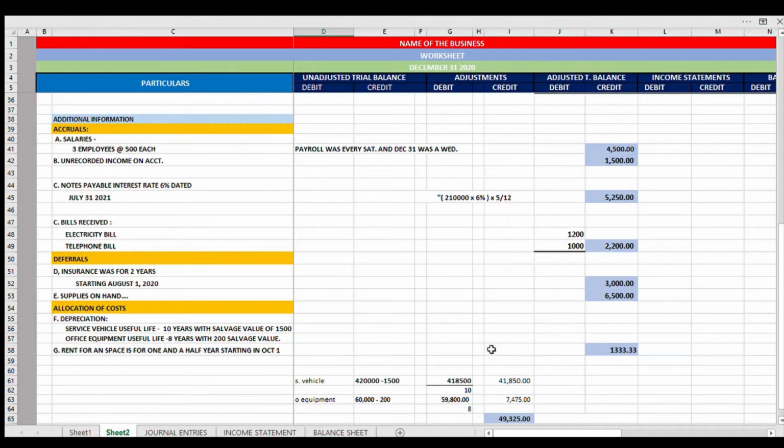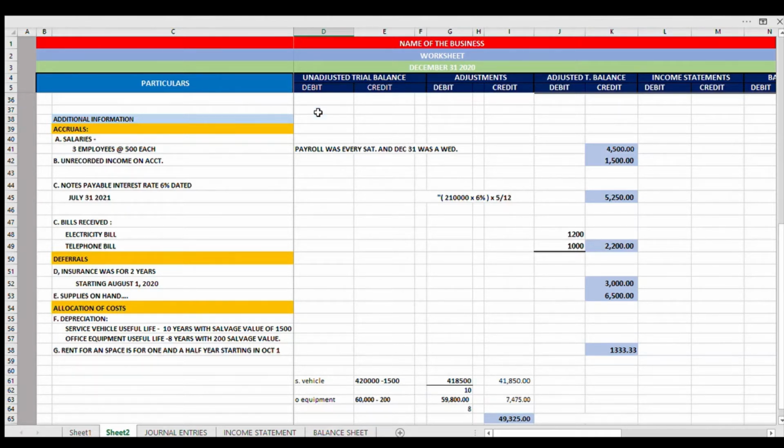So, let's check natin sa calculator. The answer is 8,000 divided by 18, then times 3. So, the answer is 1,333.33.